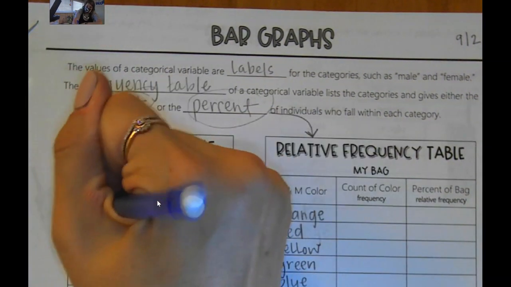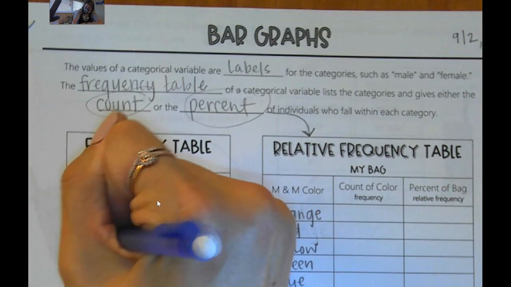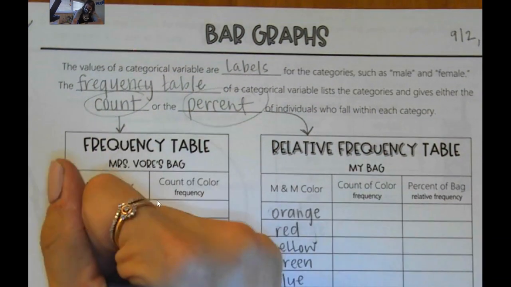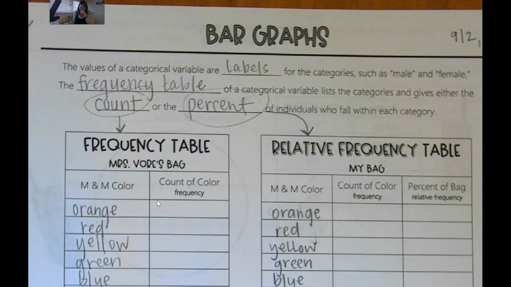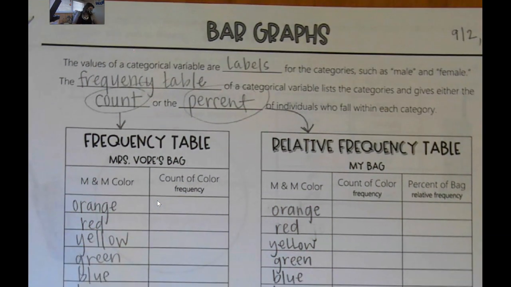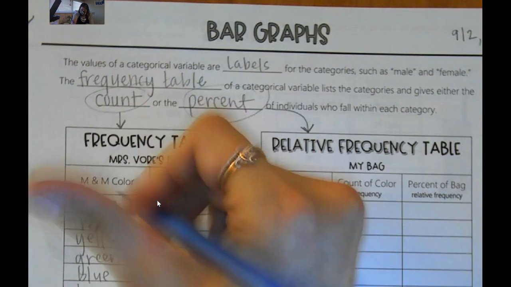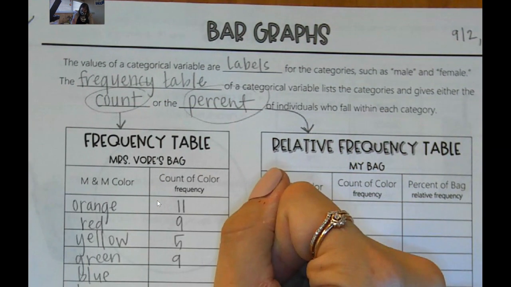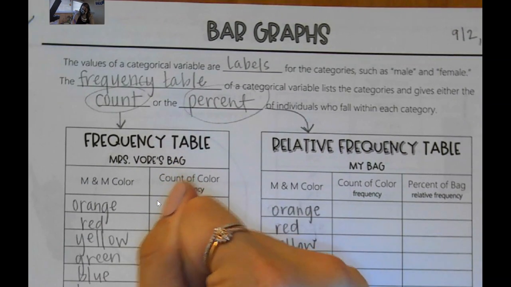Okay, so we're going to make our first bar chart based off of my bag of M&Ms. So I had 11 orange, 9 red, 5 yellow, 9 green, 16 blue, 8 brown for a total of 58.